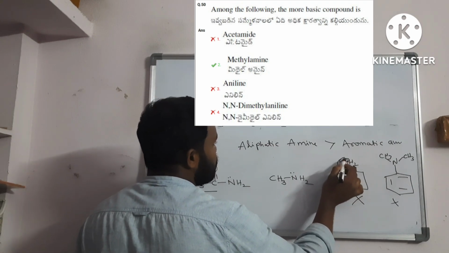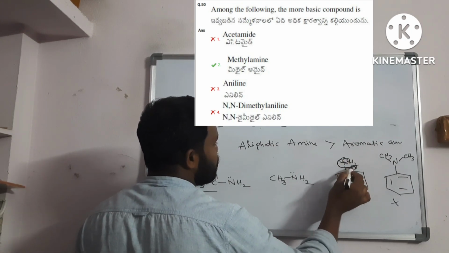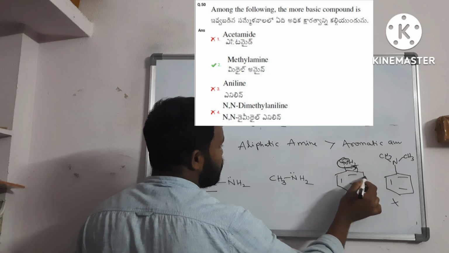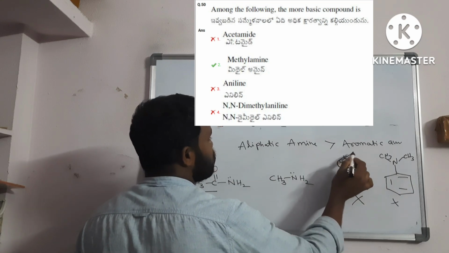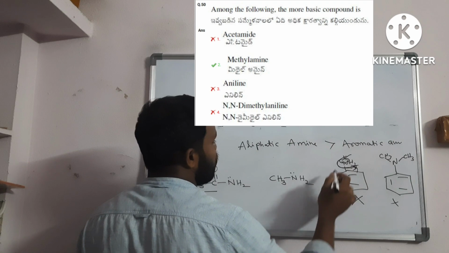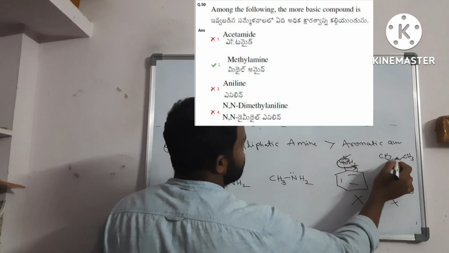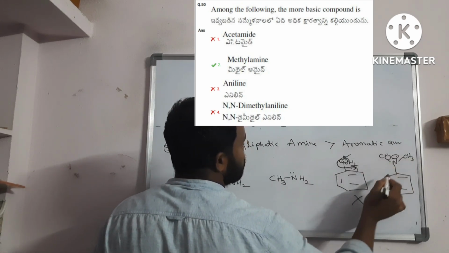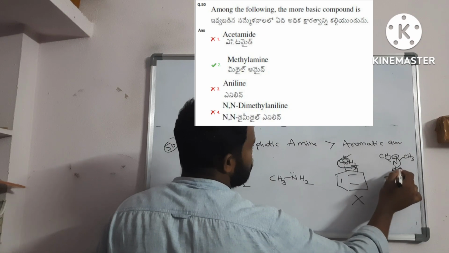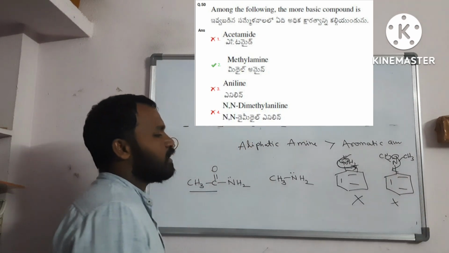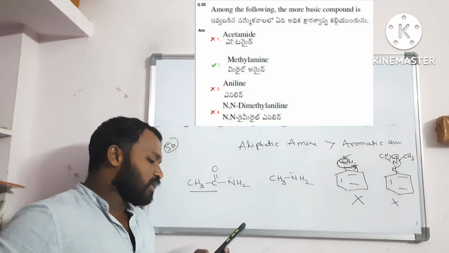But in the aromatic amines, the lone pair is involved in the ring resonance, hence it is not available, so donation is very hard.